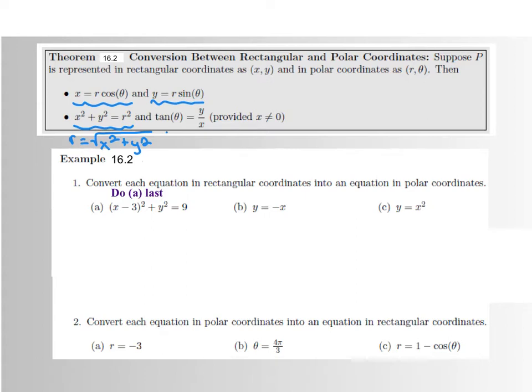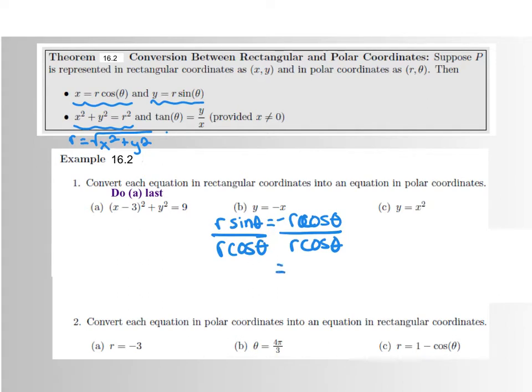So I'm going to do that swap. I'm going to say that y is equal to r sine theta, and that x is equal to r cosine theta. I need the negative: negative r cosine theta. Okay, what do we do with this? Well, sometimes we want to get theta by itself, and sometimes we want to get r by itself. And I think once you start doing this a little bit, you're going to get a feel for which one you need to do. I'm going to divide both of these by r cosine theta.